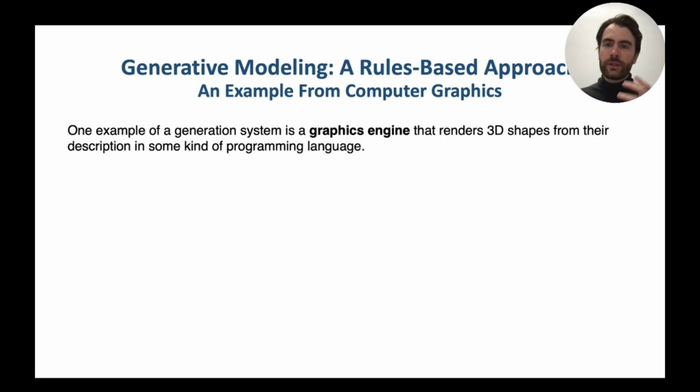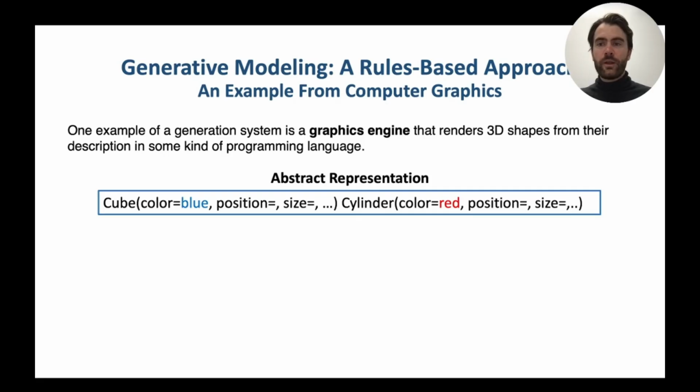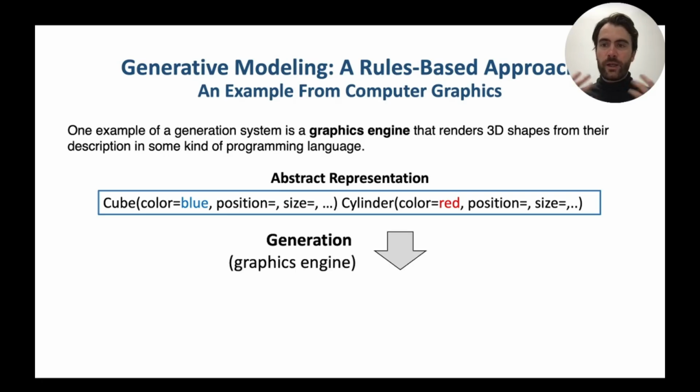So let's first try to understand the rules-based approach and contrast it against the learning-based approach that we're going to see in the course. You can think of a graphics engine as taking a certain specification for what the user wants to render, typically in some kind of programming language, and then passing it through a system that was designed and implemented by hand by an engineer, a programmer.